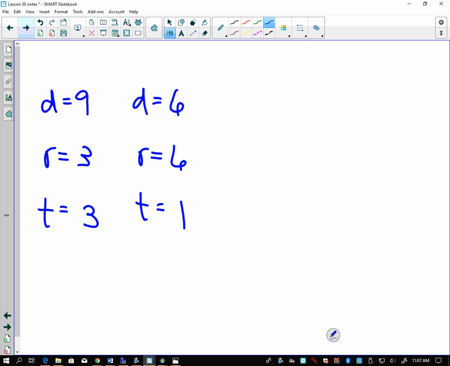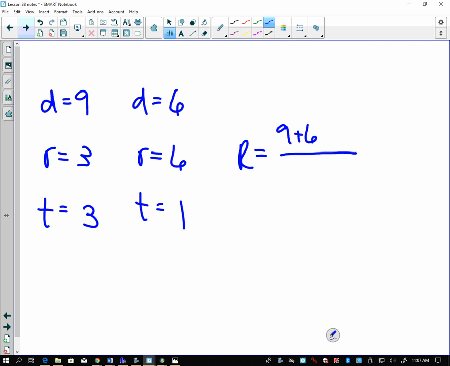What should be her speed for the next 5 miles so that her overall average speed would be 4 miles per hour? Well, speed, rate. Rate is what? Distance over time. So far, we have 9 plus 6, right?